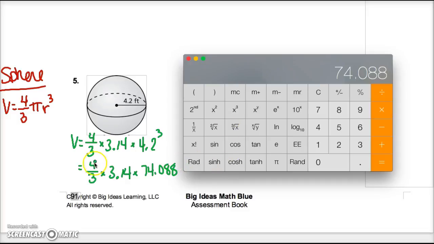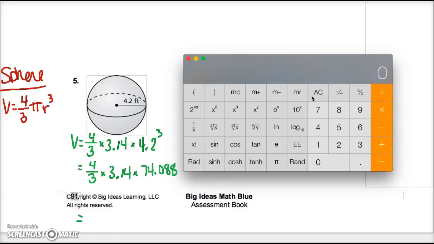Now, whenever you plug this in, we have the fraction 4/3. So I'm going to take 4 times 3.14 times 74.088 and then divide all of that by 3.